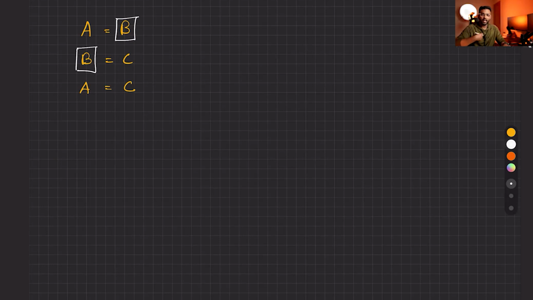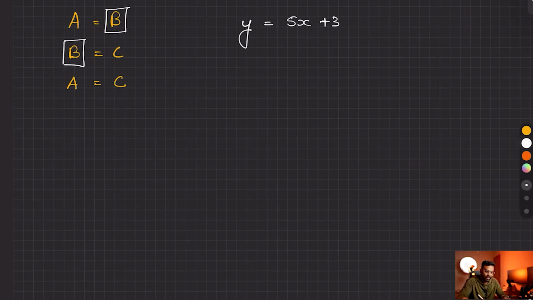Now I am saying to you guys, there is one equation. I'm going to write one equation here: y equals 5x plus 3. And then I have another equation: y equals 2x plus 12. These are two separate equations, equation number one and equation number two. Do you see, we have both equations equal to y, correct?